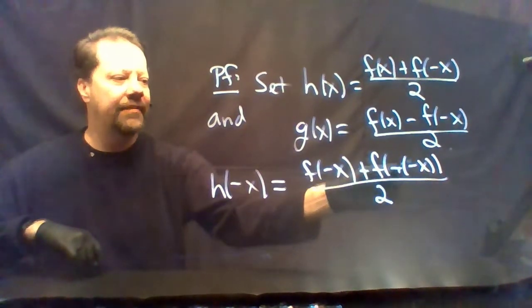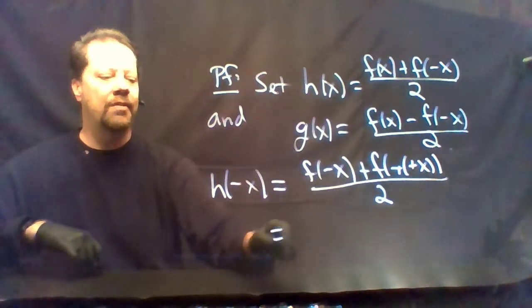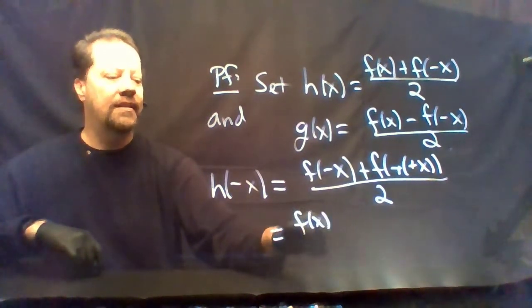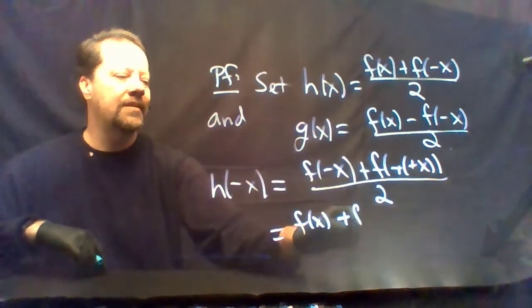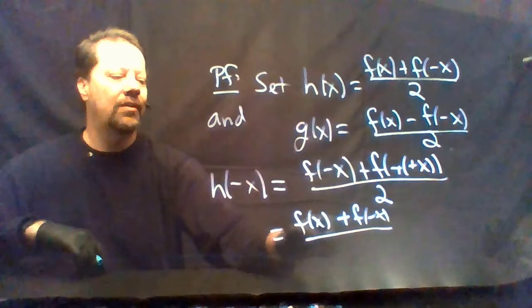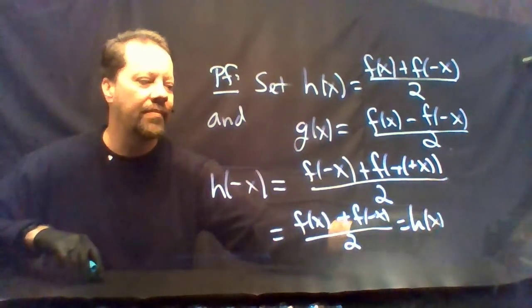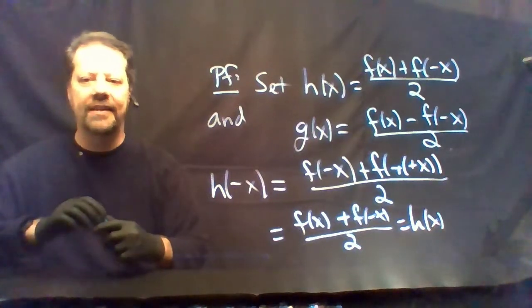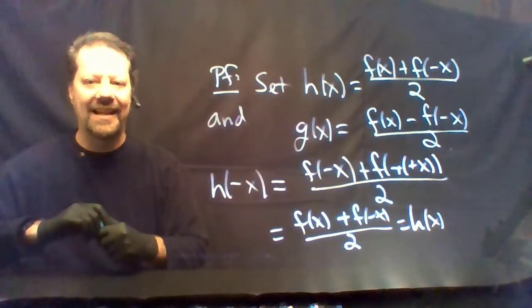Minus a negative is a positive, and addition is commutative, so I can rewrite the numerator on the right-hand side as f of x plus f of minus x over 2, but that is the original definition of h of x. So for h of x, the negative goes away when you substitute negative x for x.